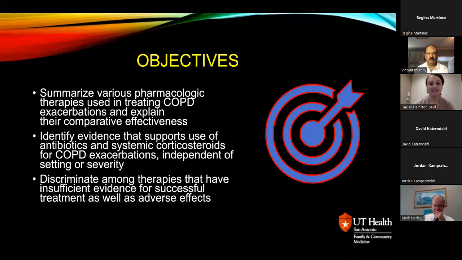We're going to identify evidence that supports the use of antibiotics and systemic steroids for COPD exacerbations, no matter what setting they're in or what severity of exacerbation the patient has. We're going to discriminate amongst therapies that have insufficient evidence for successful treatment as well as adverse effects.